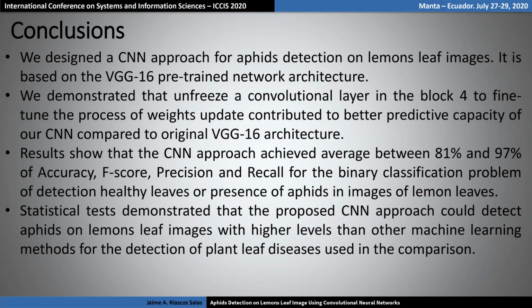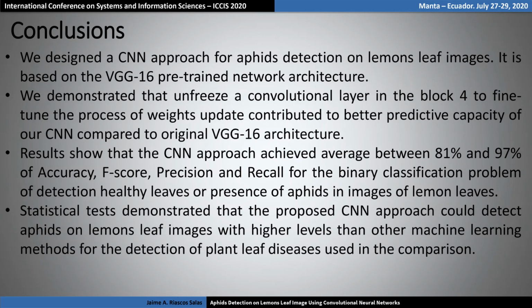As a conclusion, we can say that we were able to design a CNN approach for aphid detection on lemon leaf images. It is based on the VGG16 pre-trained network architecture. Also, we demonstrated that unfreezing a convolutional layer in block 4 to fine-tune the process of weight update contributed to a better predictive capacity of our CNN compared to the original VGG16 architecture.